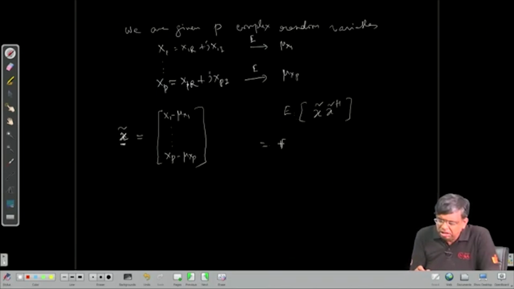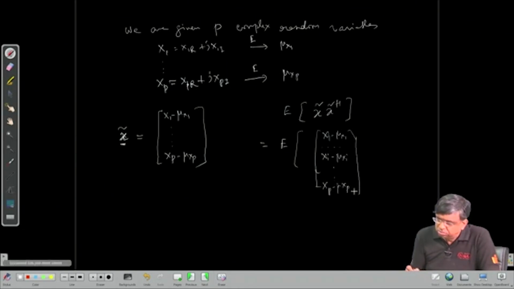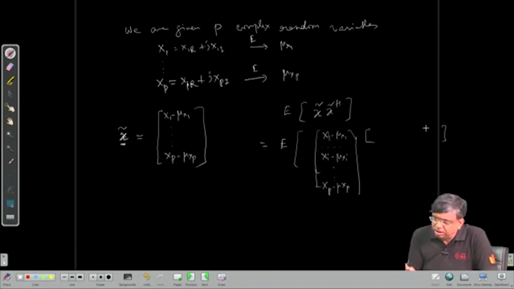So, this is E of these, in general x_i minus mu x_i, and then Hermitian means transpose and conjugate. If you transpose it, you get a row vector and then conjugate. So, this every element will be conjugated.